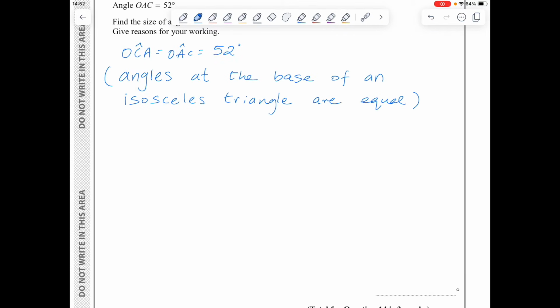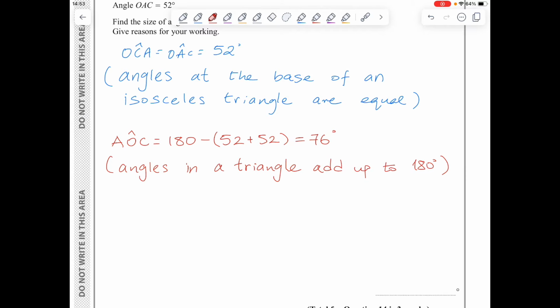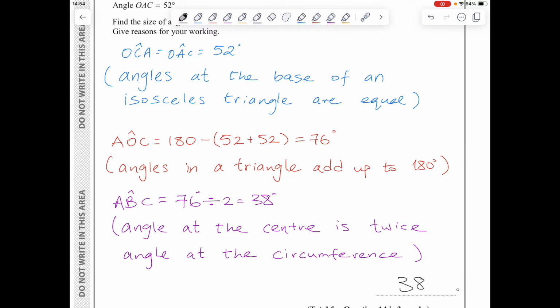Next, for angle AOC, that's 180 minus the 52 and 52. The reason is that angles in a triangle add up to 180 degrees. That's for the red angle. And finally, for angle ABC, that's 76 divided by 2, because angle at the center is twice the angle at the circumference. And that's it for question 14.